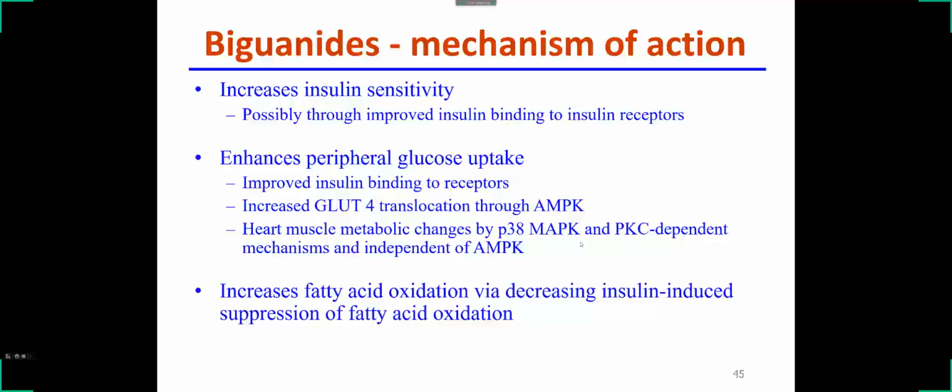Importantly, it also increases fatty acid oxidation by decreasing insulin-induced suppression of fatty acid oxidation. And finally, within the gut, remember it targeted the GI tract, we see decreased glucose absorption from the GI tract. Importantly, from a pharmacology, drug delivery, medicinal chemistry standpoint, and obviously from a doctor's standpoint, metformin is orally active, so it's very convenient to deliver, no injections needed.